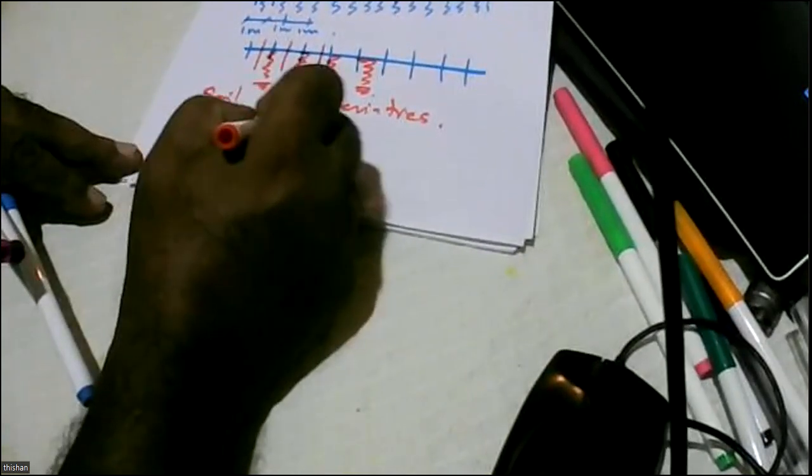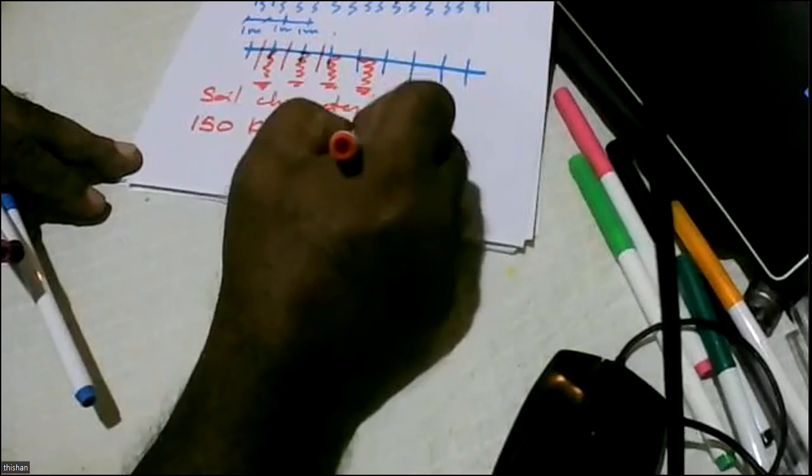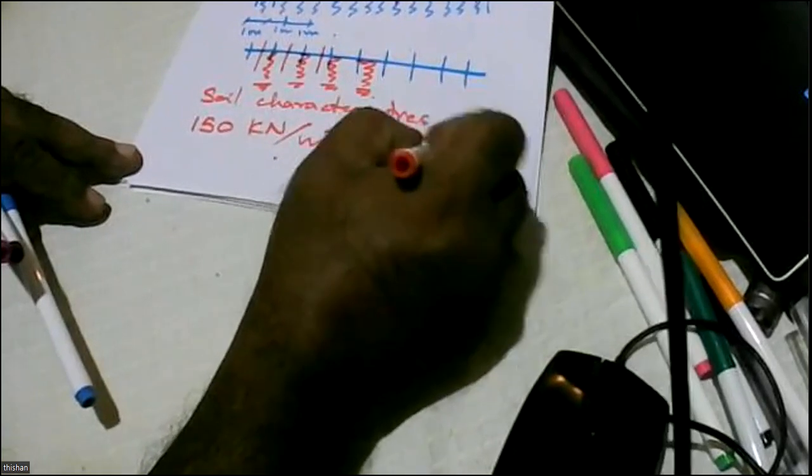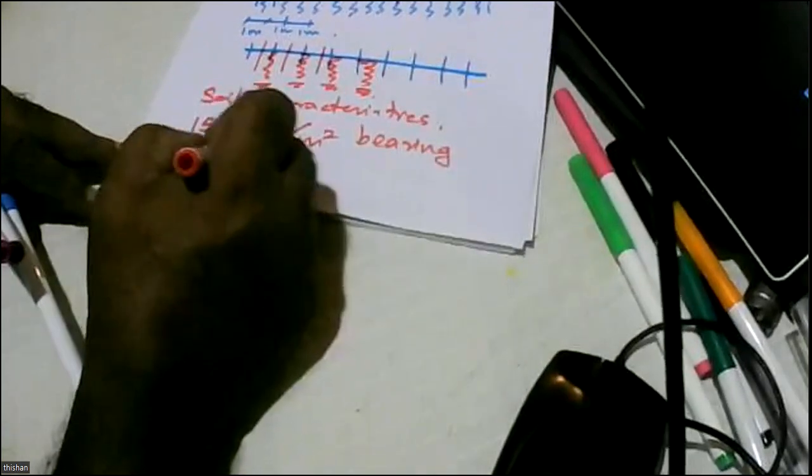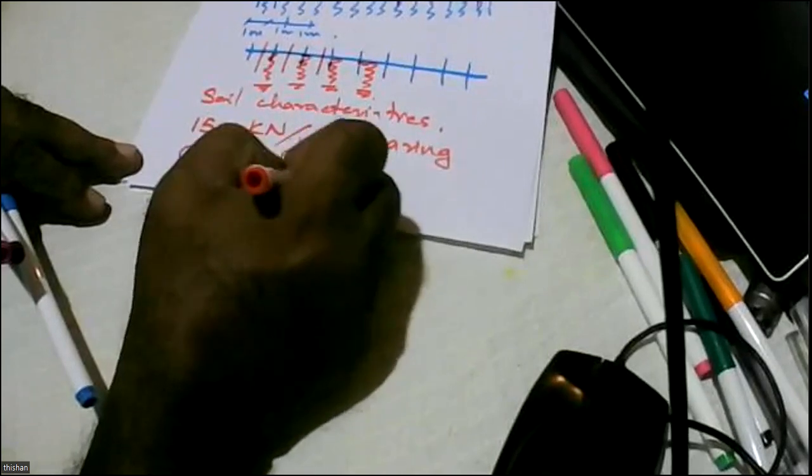Now let's say we have a soil with 150 kilonewtons per meter square bearing capacity. Do you know what is the meaning of this?